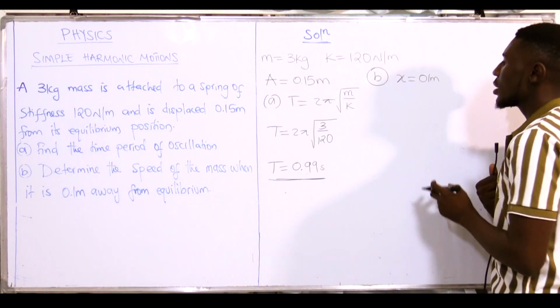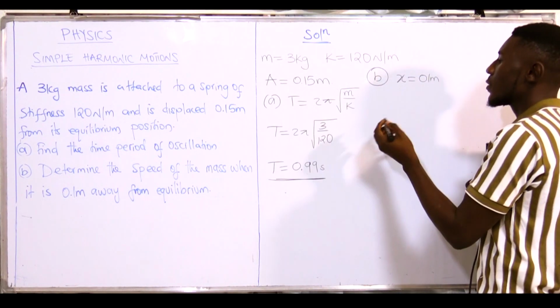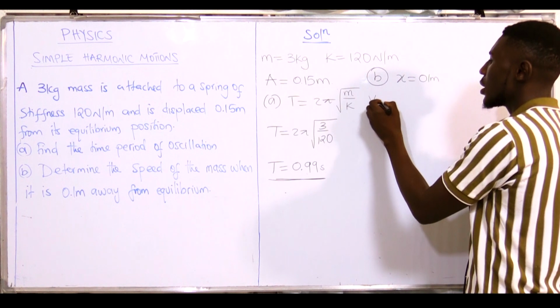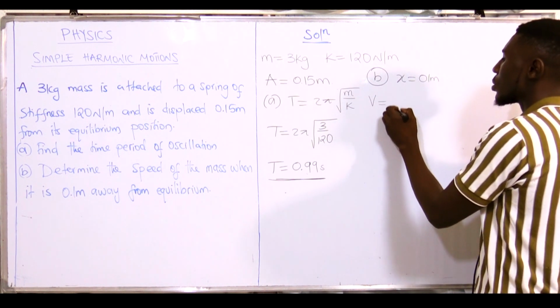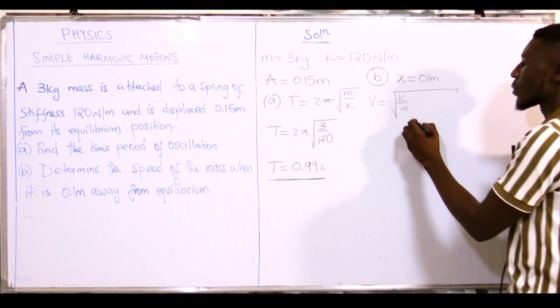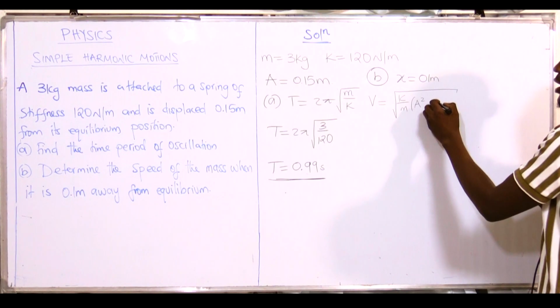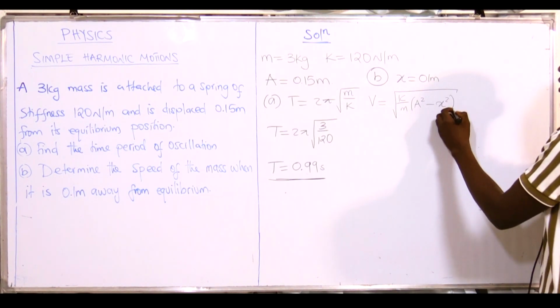So being that this is not at the mean position, the expression for speed we're going to use will be v equal to square root of k over m multiplied by amplitude squared minus x squared, like this.